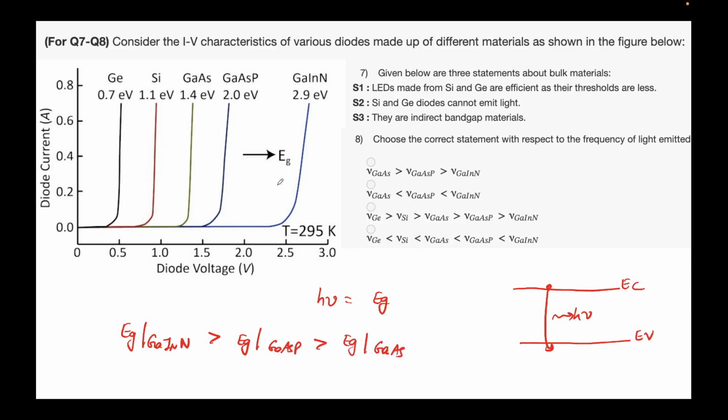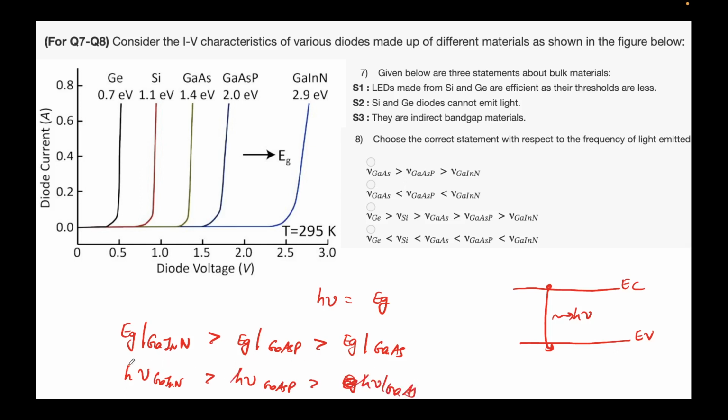The rest two we don't even write because they will not emit light. We've already established that they cannot emit light. Okay, so h will get cancelled, so I'll write h nu of gallium indium nitride should be greater than h nu of gallium arsenide phosphide, which is greater than h nu of gallium arsenide.